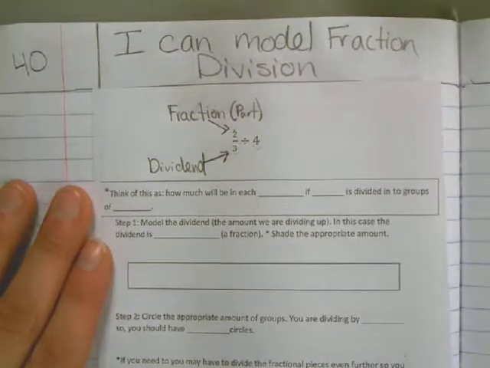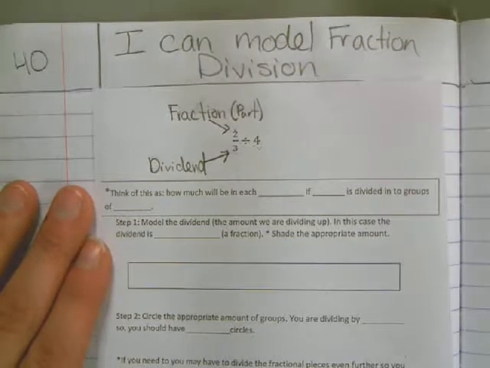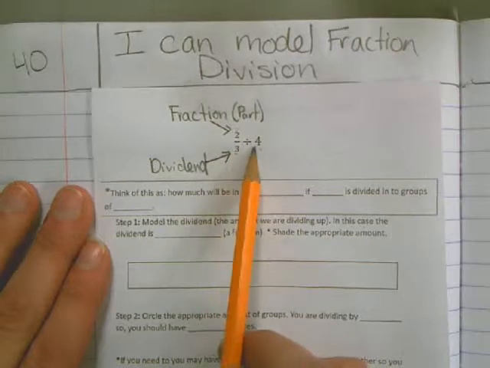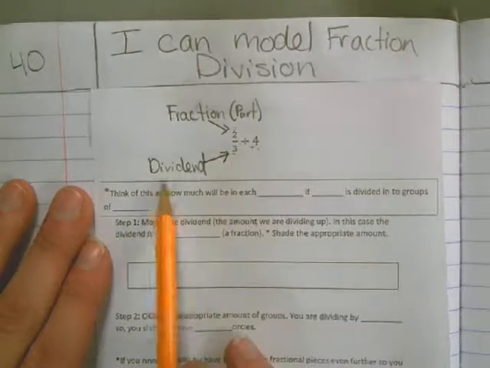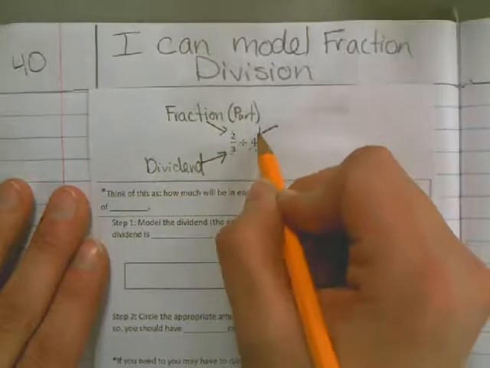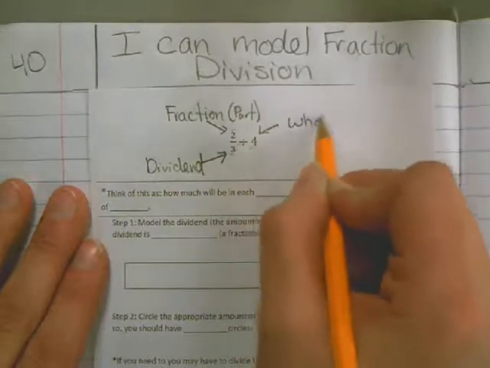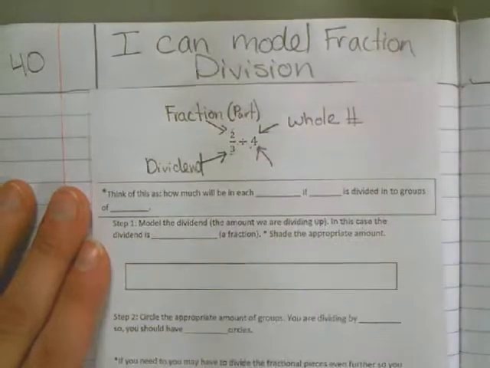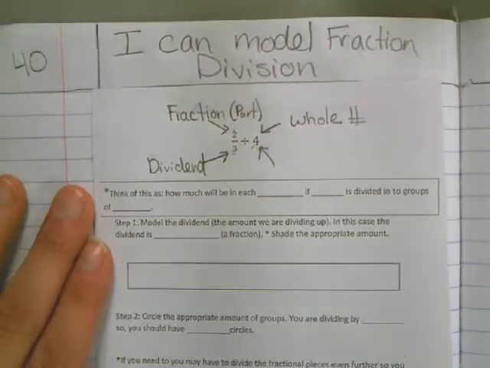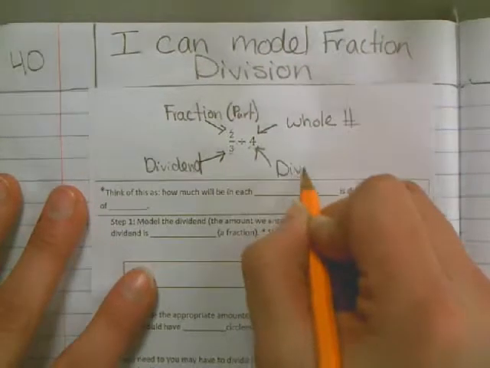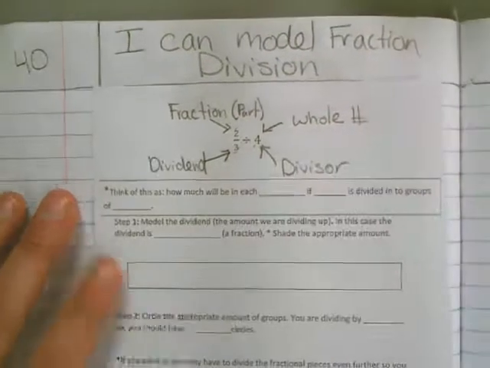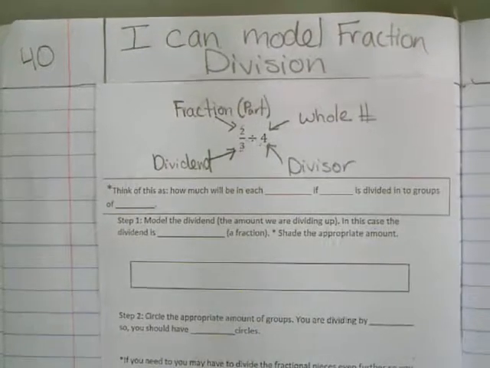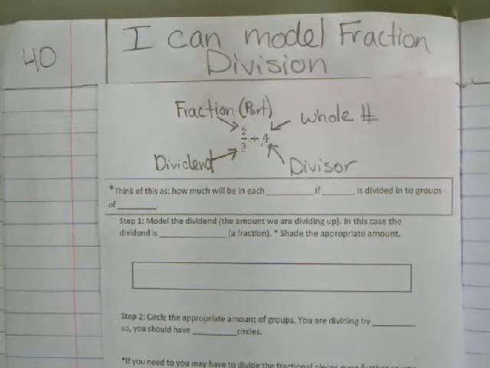So 2/3 is being divided into 4 groups. Over here, the 4 is our whole number. Because 4 is doing the dividing, we're dividing into 4 groups. 4 becomes our divisor. Okay? Make sense? Just review from yesterday.